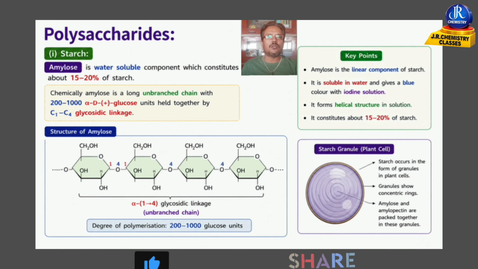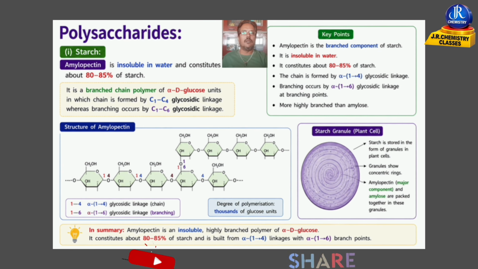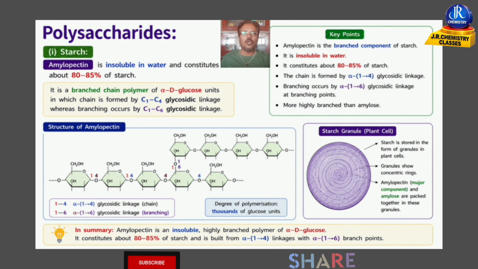Chemically, amylose is a long unbranched chain with 200 to 1000 alpha-D-glucose units held together by C1-C4 glycosidic linkage. Amylopectin is insoluble in water and constitutes about 80 to 85% of starch.